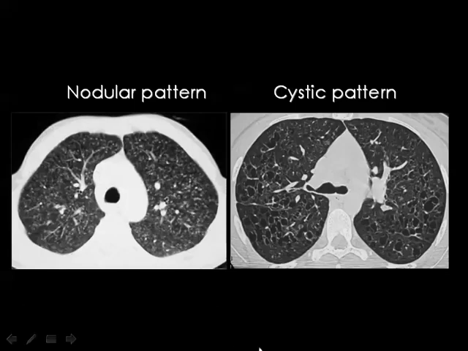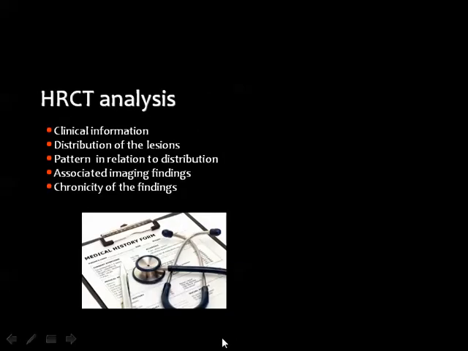Then, if you look here, there are miliary nodules that are scattered in the lung, and this is miliary disease or nodular disease. And here you can see multiple cystic lesions that are filled with air diffusely scattered in both lung fields. And then, how to interpret the diffuse lung disease.